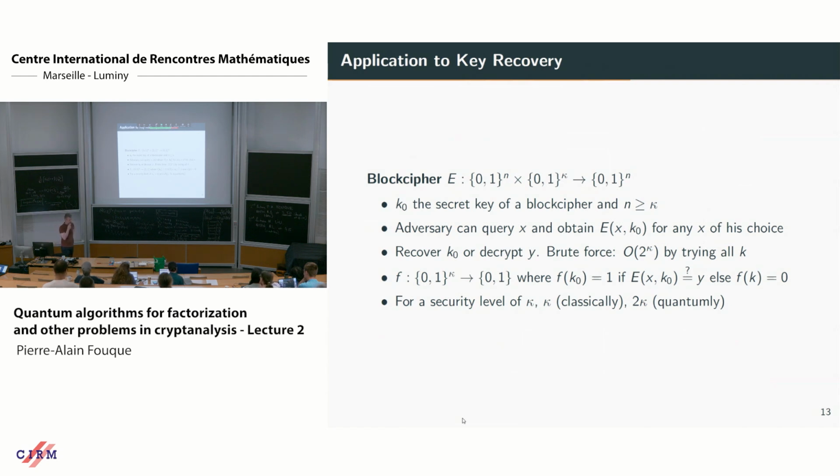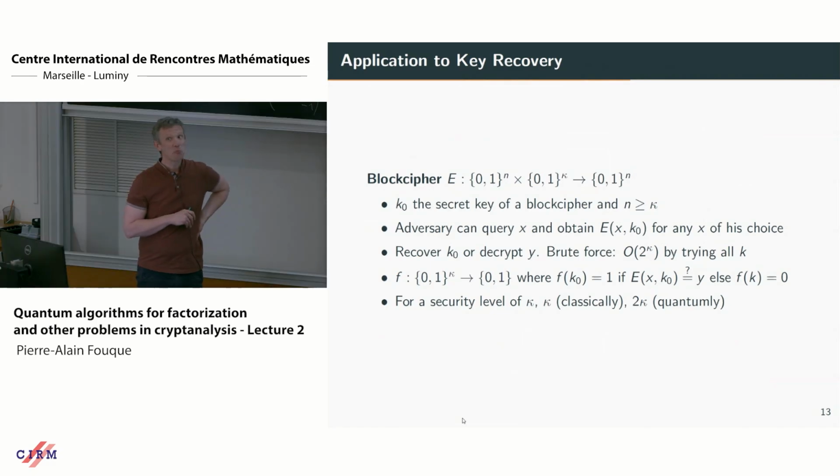If you think that quantum computers will not arrive, you are safe with 128-bit keys. But if you assume that it's not the case, you have to use 256-bit keys. There are some other applications, but I think that I will stop here if you have any questions.